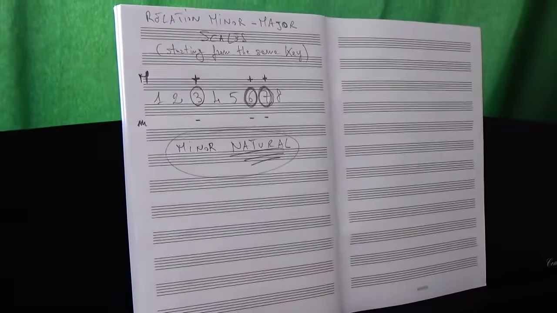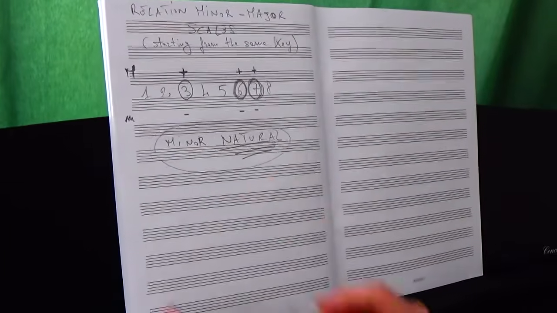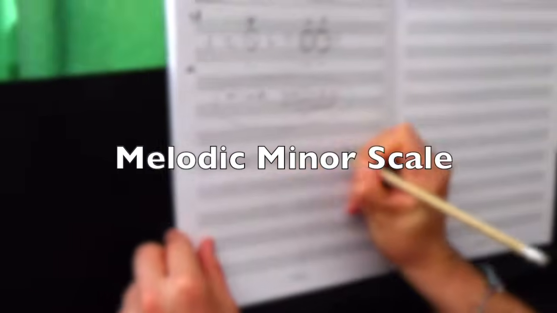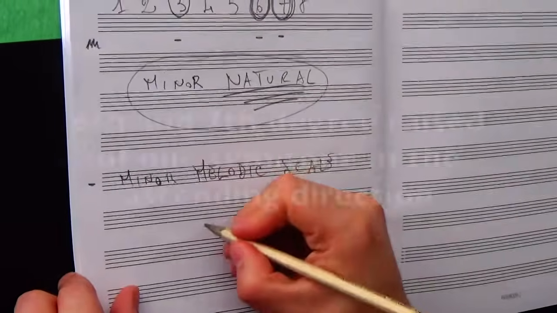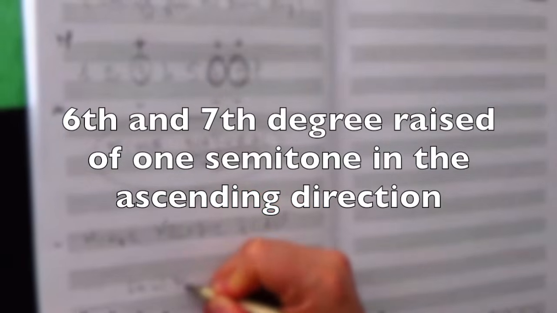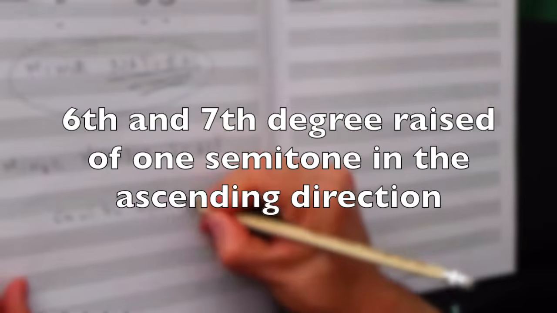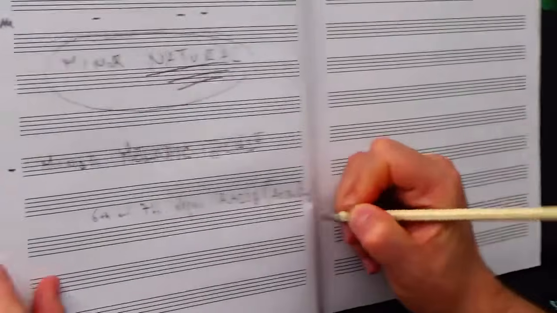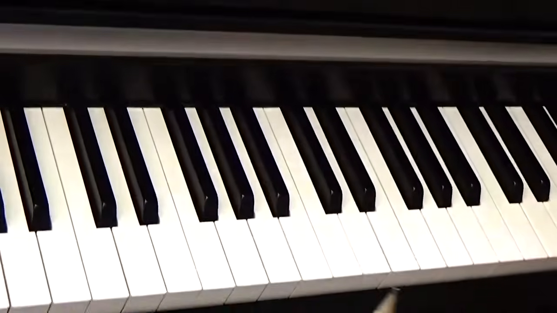The minor melodic scale is simply and only, let's write now, the 6th and 7th degree raised in the ascending direction. Ascending. What does it mean ascending? When it goes to the right.